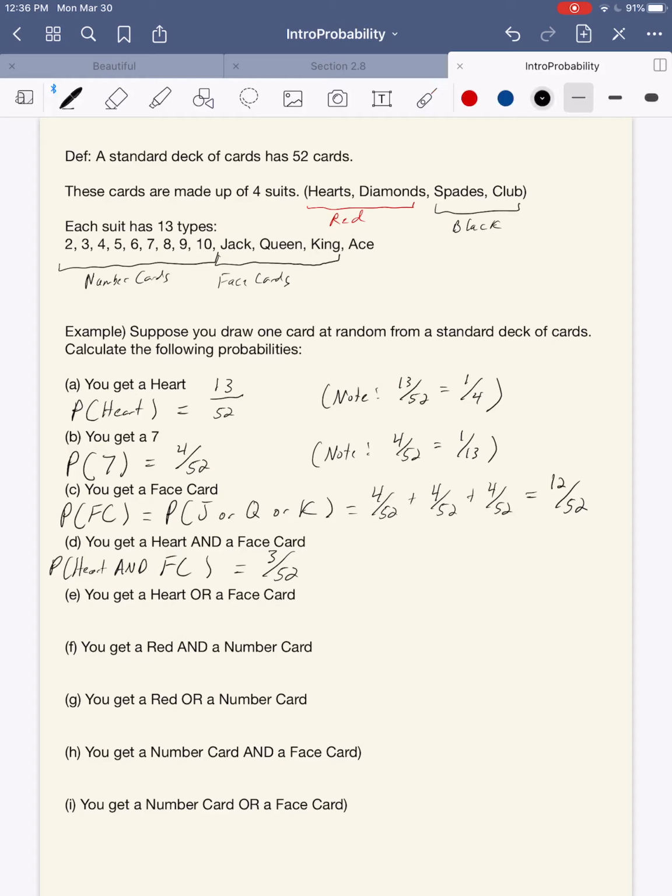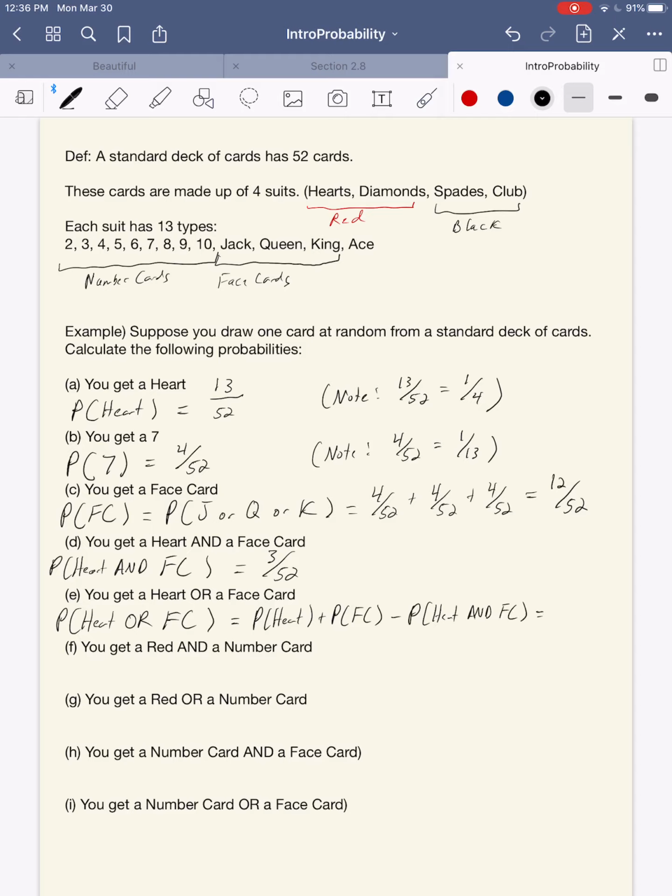All right, let's see then if we can get the probability that you get a heart or face card. Well, we know that this should be the probability of a heart plus the probability of a face card minus any overlap. So let's go ahead and do that. Probability of heart plus probability of face card minus probability of heart and face card.